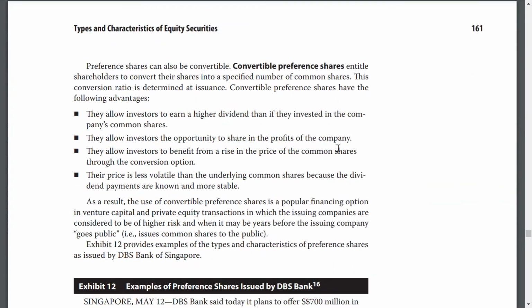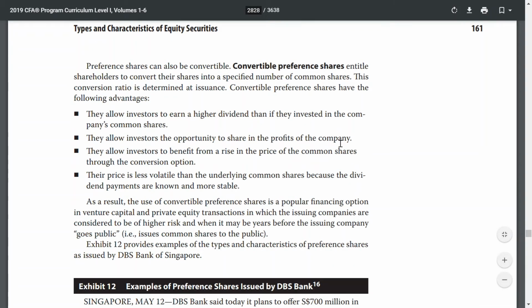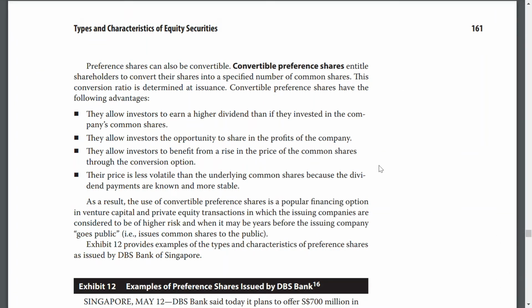Preference shares can also be convertible. Convertible preference shares entitle shareholders to convert their shares into a specified number of common shares. This conversion ratio is determined at issuance. Convertible preference shares have the following advantages. They allow investors to earn higher dividends than they would by investing in the company's common shares.